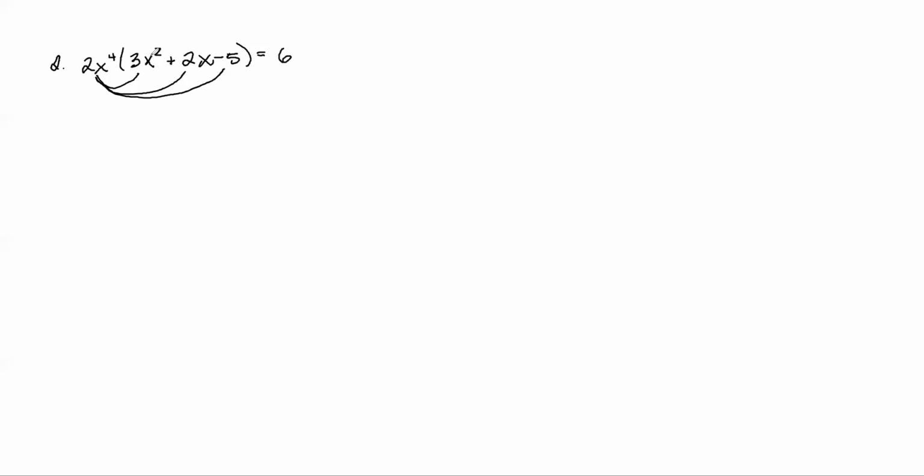X to the 4th times x squared is x to the 6th. Adding those exponents. And then 2 times 2 is positive 4, so plus 4. X to the 4th times x to the 1st is x to the 5th. And 2 times negative 5 is negative 10. Bring over that x to the 4th.